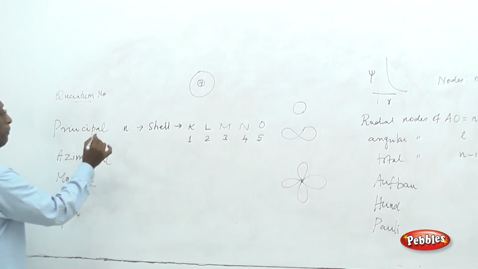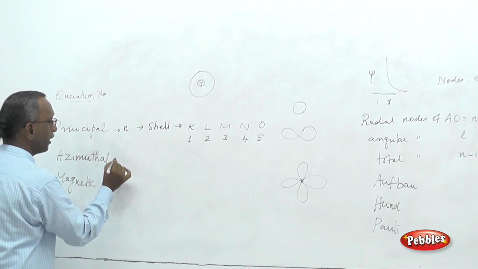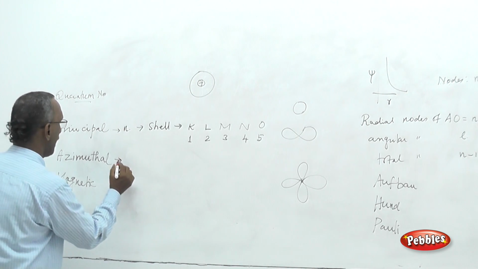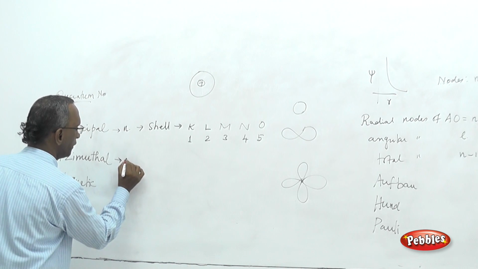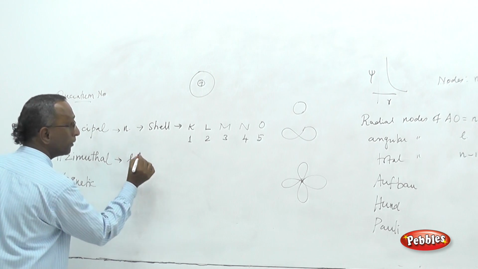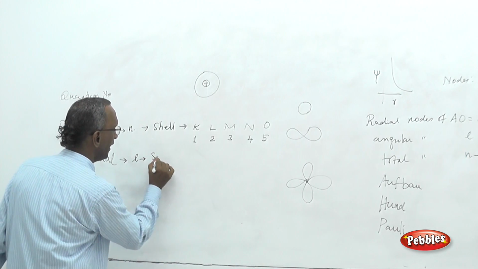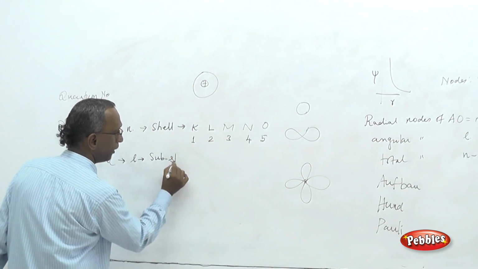So principal quantum number gives information about the shell in which the electron is present. One shell can contain more than one electron. Next is azimuthal quantum number. It is denoted as l, small l. Azimuthal quantum number gives information about the subshell.